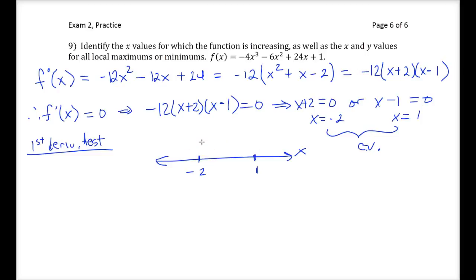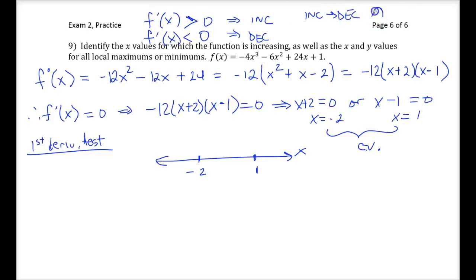And I know that if for the first derivative for a particular value of x, the answer is positive, then I know that the graph is increasing. If I get a negative value, then I know that the graph is decreasing. And if I'm going from increasing to decreasing, then I know I have a local max.